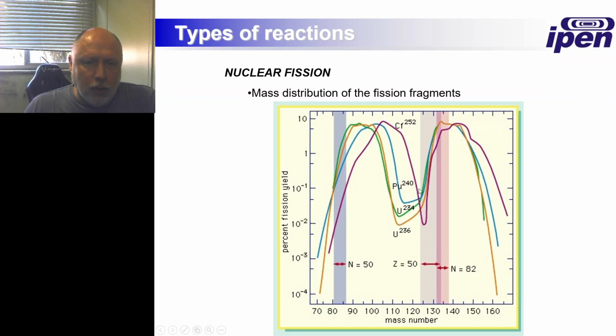So here, let's take for instance uranium-236, which is uranium-235 plus 1 neutron, right? So you see it will produce something with mass between 90 and 105, right?